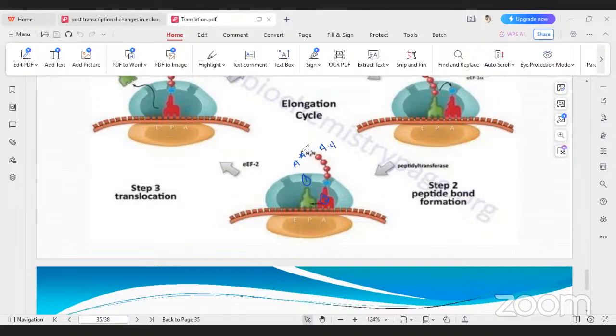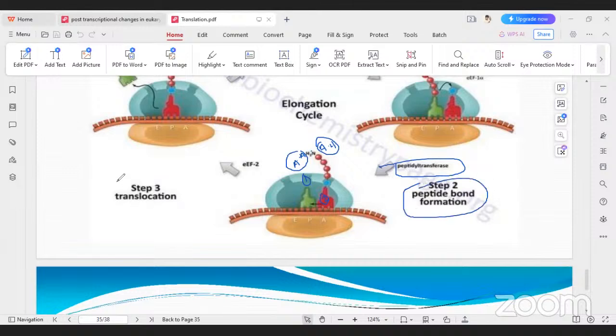Where is the first amino acid, in green or pink? Green, sir. Where is the second amino acid? The pink one. In between, what happened? Peptide bond formation. I will show later how the bond forms from one amino acid to another. This second step is peptide bond formation with the help of the peptidyl transferase enzyme. Now the second step is also complete.